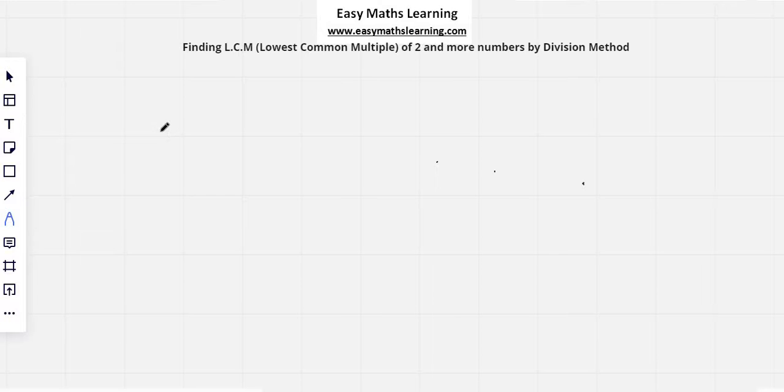So first let us consider how to find the LCM of two numbers. The two numbers we are considering first are 15 and 20. We will follow the normal division method, which is basically prime factorization.